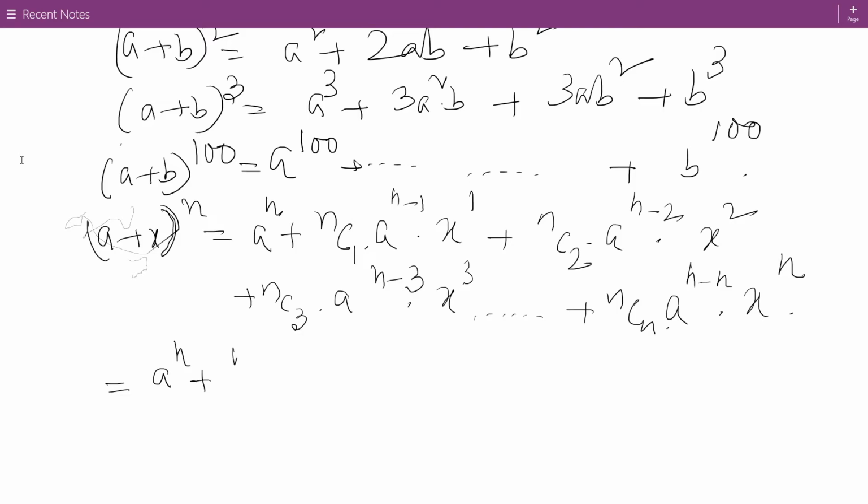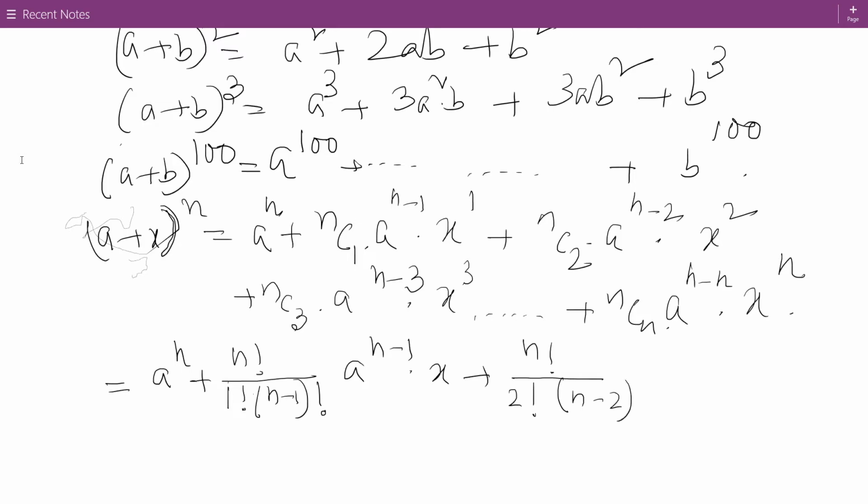NC1 means n factorial by factorial 1 into n minus 1 factorial, A to the power n minus 1 x, plus NC2, n factorial by 2 factorial, n minus 2 factorial.